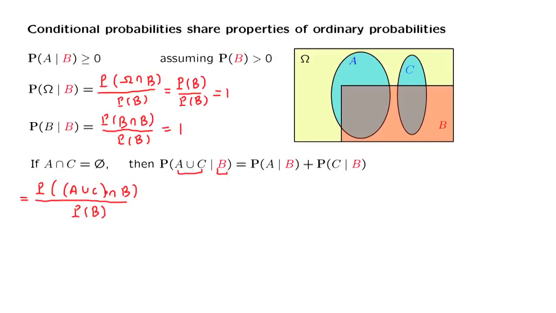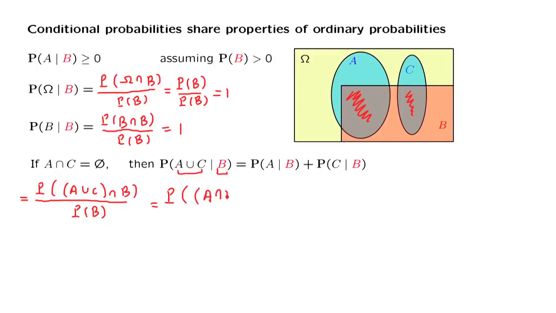Now let's look at this quantity. What is it? We're taking the union of A with C and then intersecting it with B. This union consists of these two base pieces. When we intersect with B, what is left is these two pieces here. So A union C intersected with B is the union of two pieces.